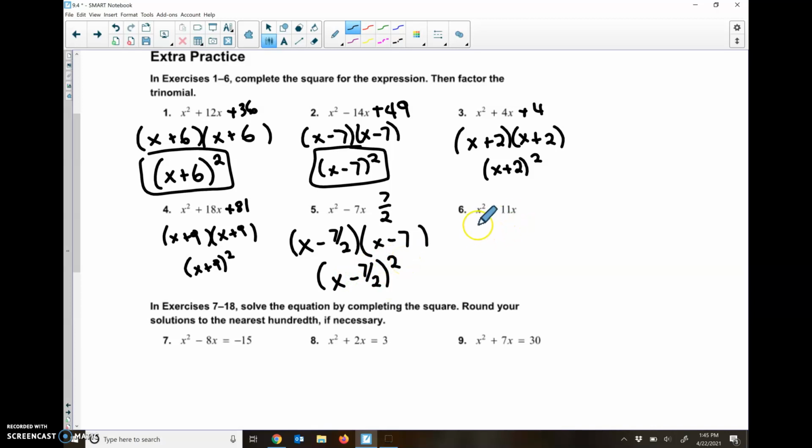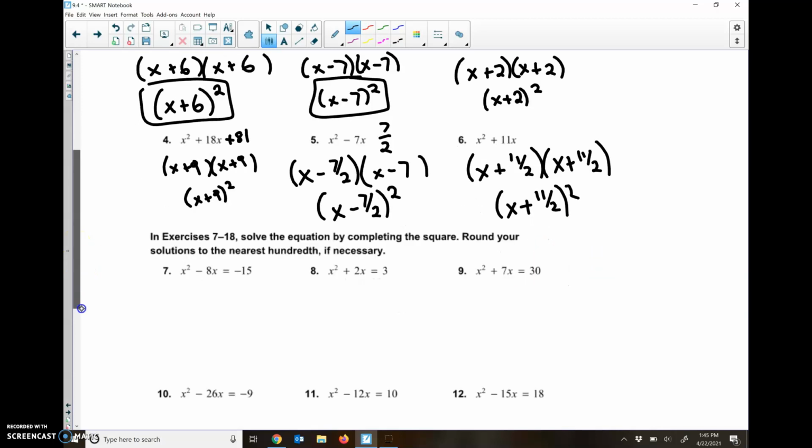Same thing with 11: 11 divided by 2 is 11 over 2, so x plus 11 over 2 squared. Those odd numbers just make it a fraction.